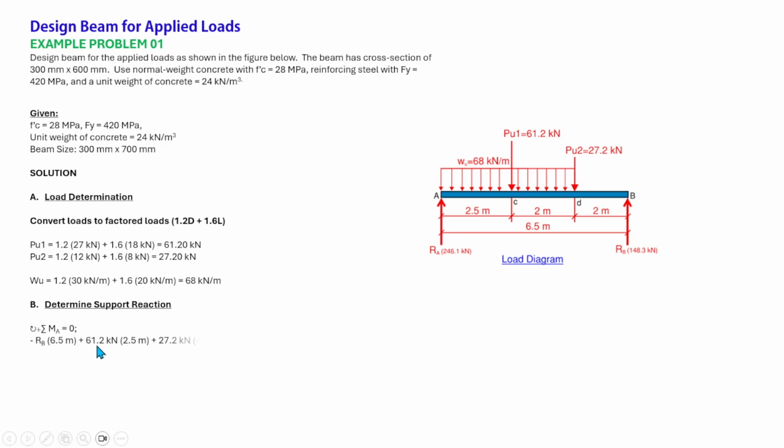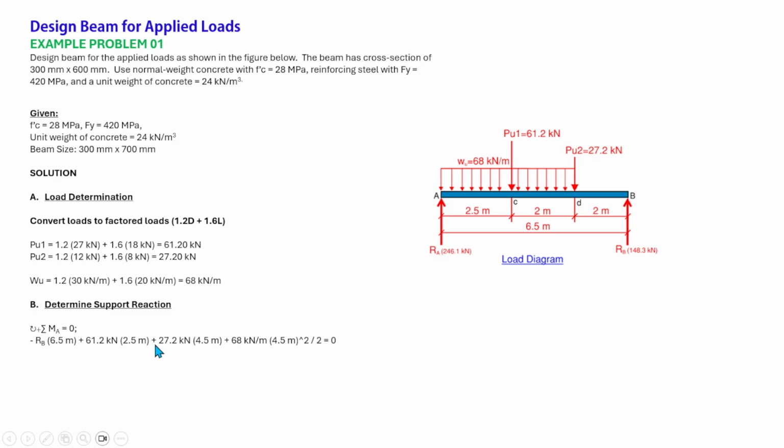For RB, that is negative because it is counterclockwise, times 1.5 meters, that is the moment arm, plus 61.2, that is for the live load, times the moment arm of 2.5 meters from here to there, and that is clockwise, so positive.